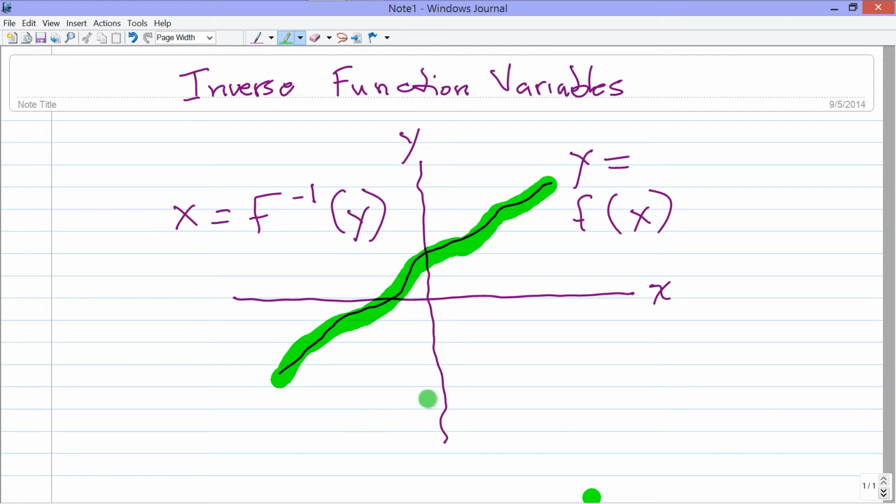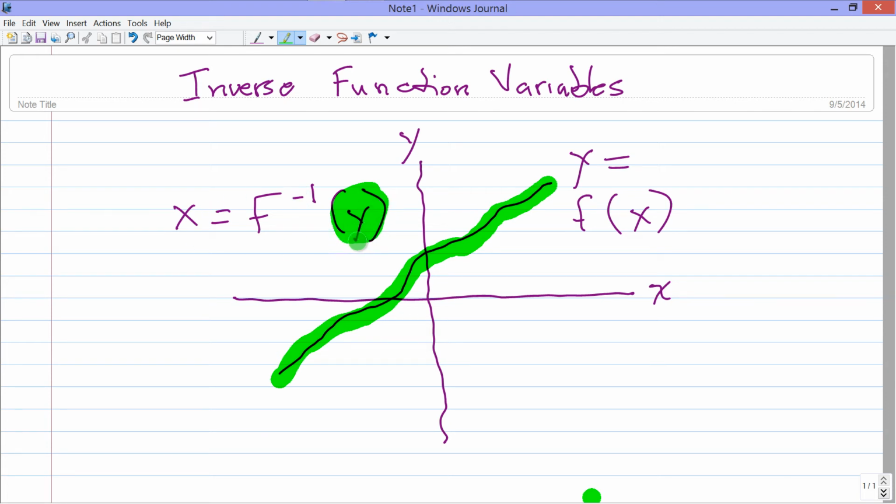Now the reader was confused because I chose to use y as the variable in my answer and in my explanation. I talked about the inverse being f minus 1 of y equals such and so.